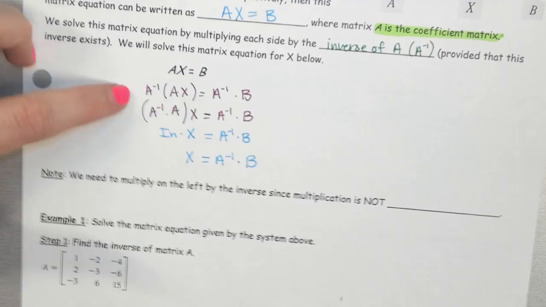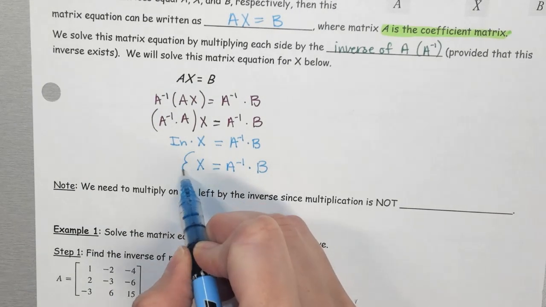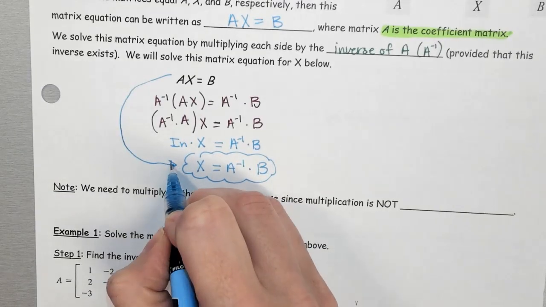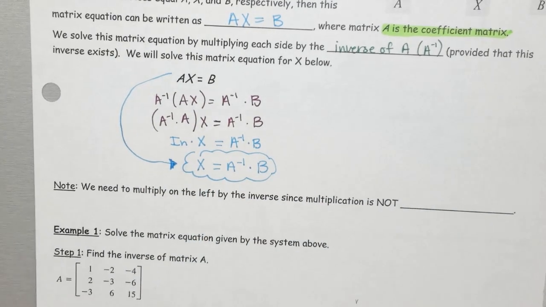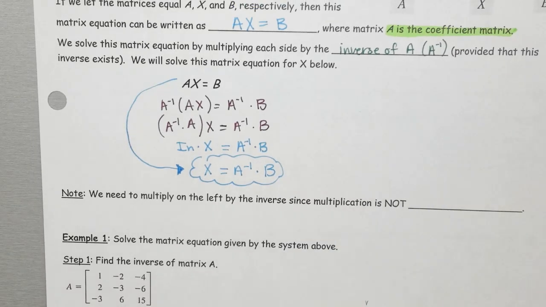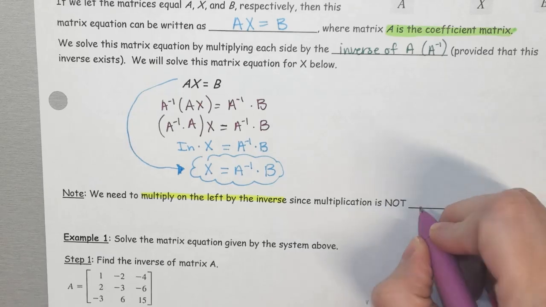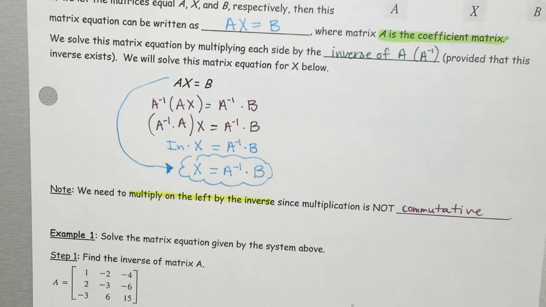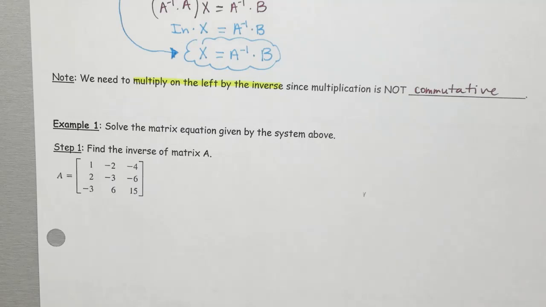So based on this process, if this is the matrix equation, to solve for X we can go right to this step. If you are solving this equation, you multiply the inverse by the B matrix, and we have to multiply it on the left because multiplication is not commutative.